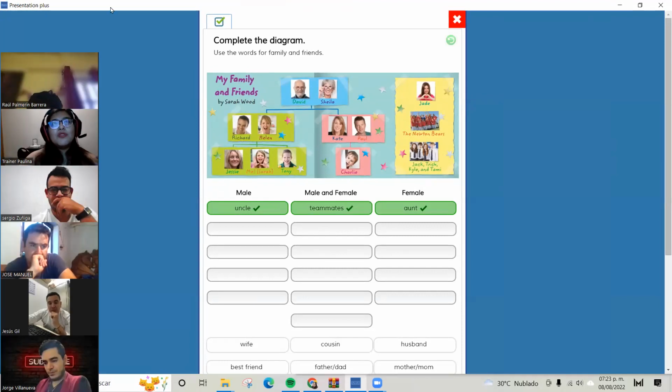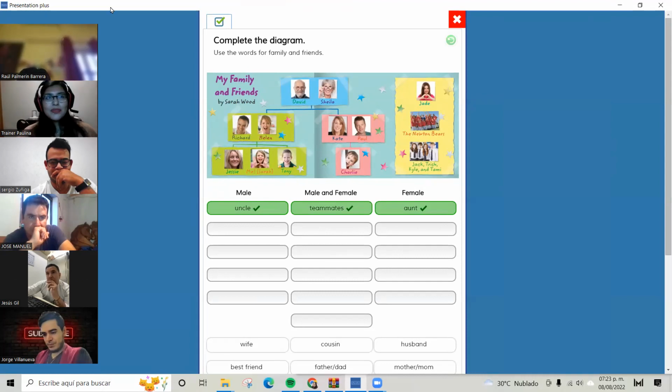Yo les he dicho, muchas de estas palabras no tienen género, como parents o como cousin. Entonces, aquí lo que vamos a hacer es que yo los voy a clasificar entre las palabras que yo uso para hombres, las que uso para los dos, las que no tienen género, y las que uso específicamente para mujeres.